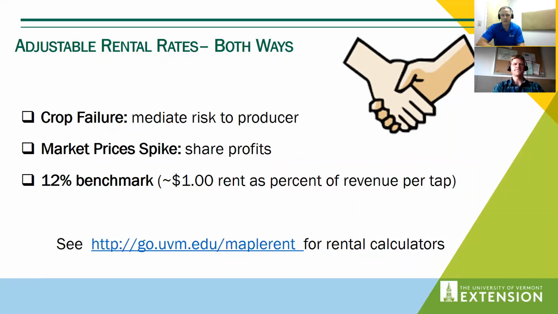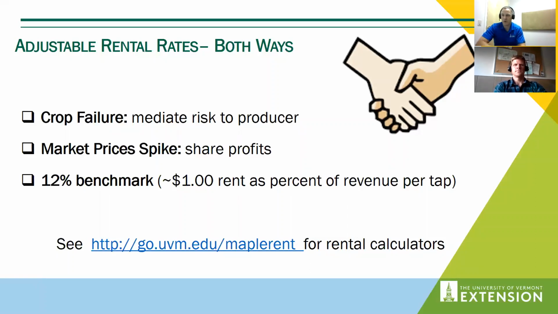There's definitely mechanisms and calculations where you can reduce rental rates in the situation of a crop failure. On the other side, if you're a landowner and there's a huge boom in maple prices, you may decide that as landowner you'd like a portion of those profits that go higher than any benchmark rate that you may have got previously.